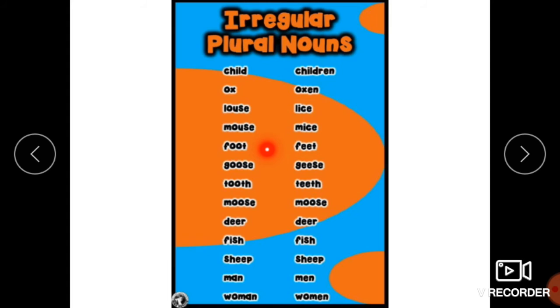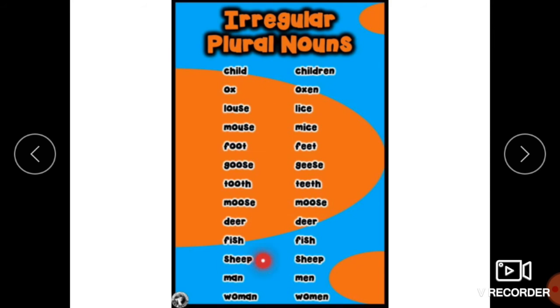There are also some nouns whose plural and singular are the same. For example, deer, deer, fish, fish, sheep, sheep. We won't make any change by adding s or es with fish, sheep, or deer. And here is another, moose, moose.